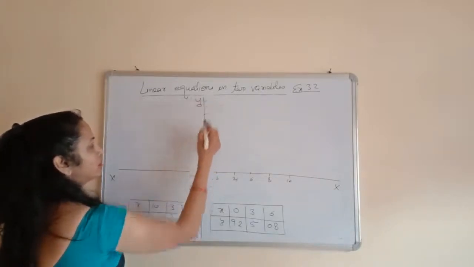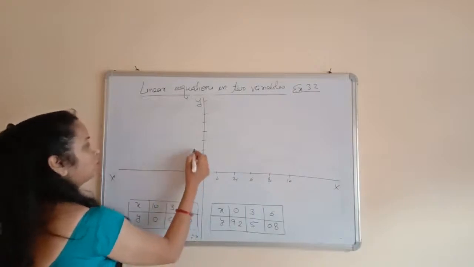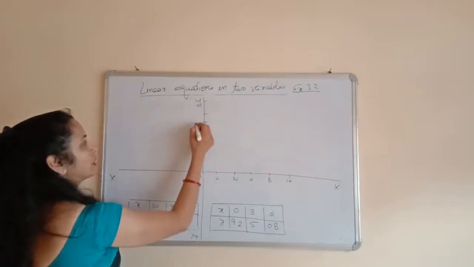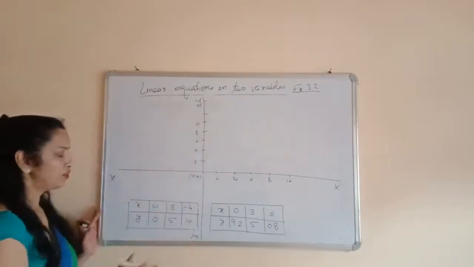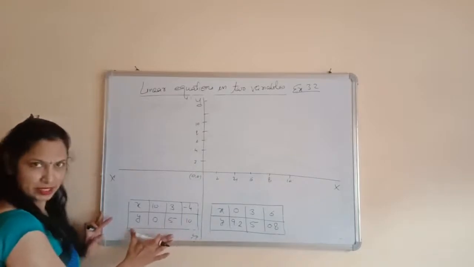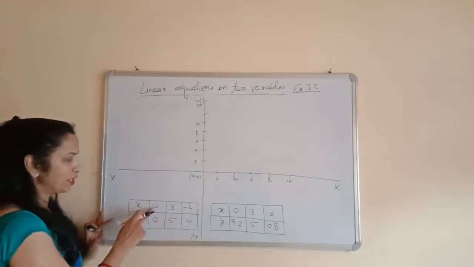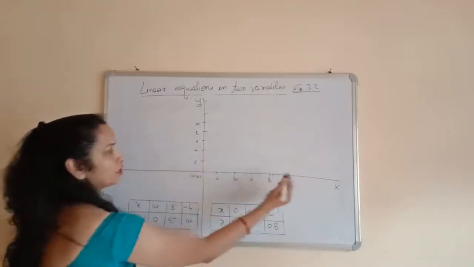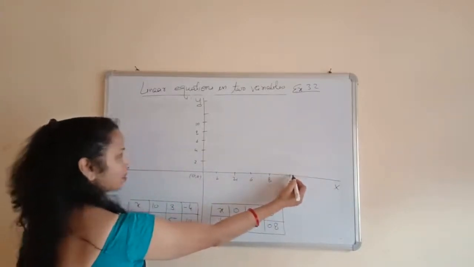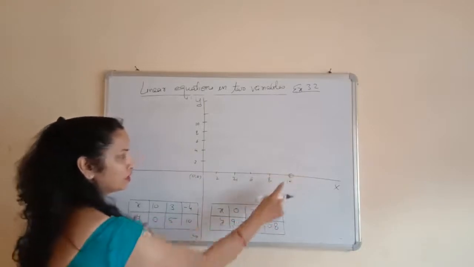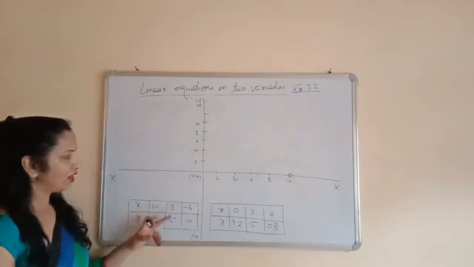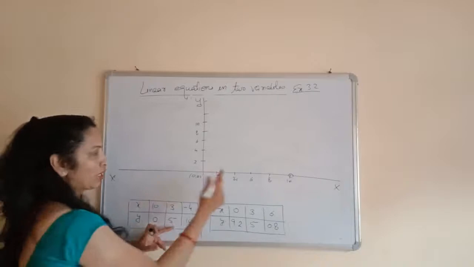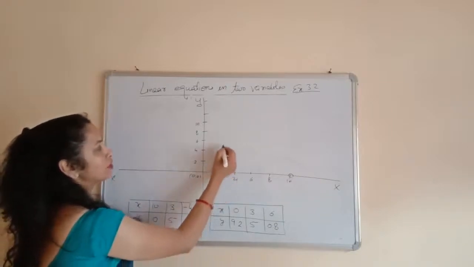Again on the y-axis: 2, 4, 6, 8 and 10. First we will draw the graph of this table. On the x-axis 10, on the y-axis 0. So on the x-axis we move 10 and on the y-axis it is 0; this is the coordinate (10, 0). Then (3, 5): on the x-axis it is 3 and on the y-axis it is 5.